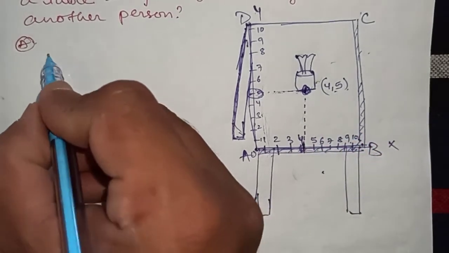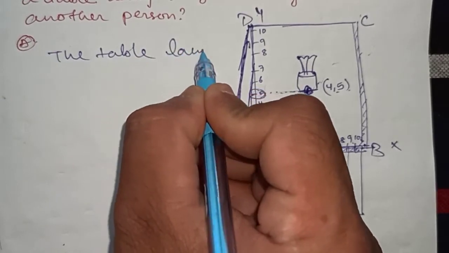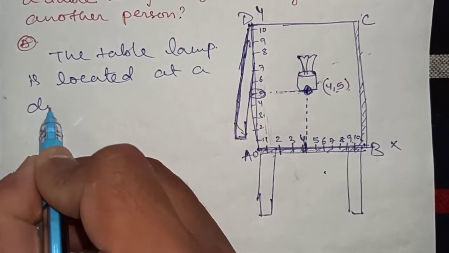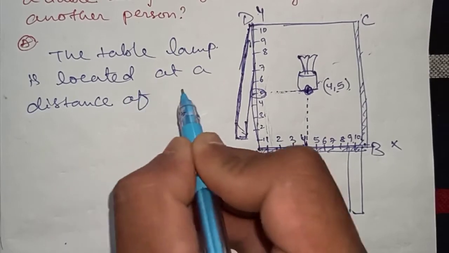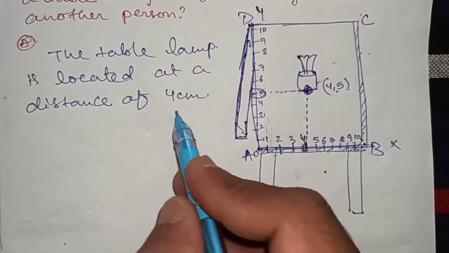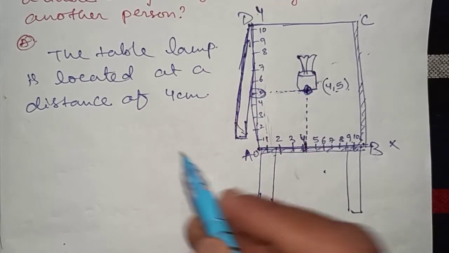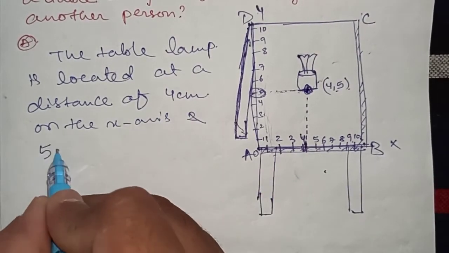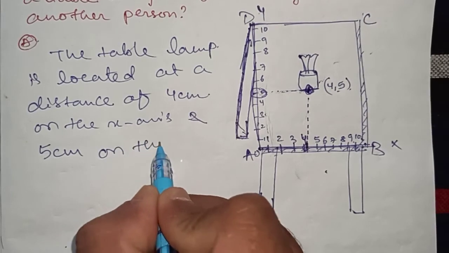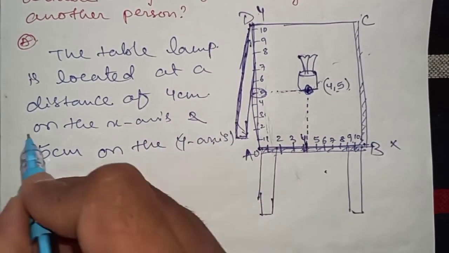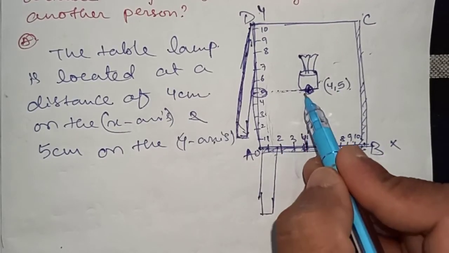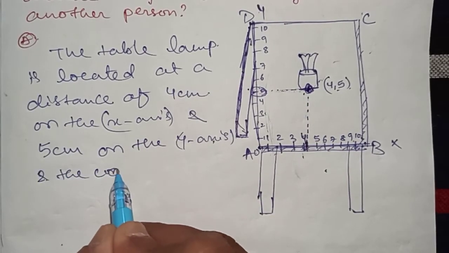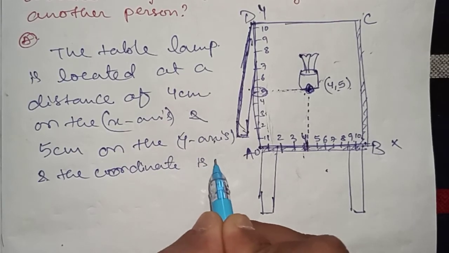So we can write that the table lamp is located at a distance of 4 centimeters on the x-axis and 5 centimeters on the y-axis, and the coordinate is 4 comma 5.